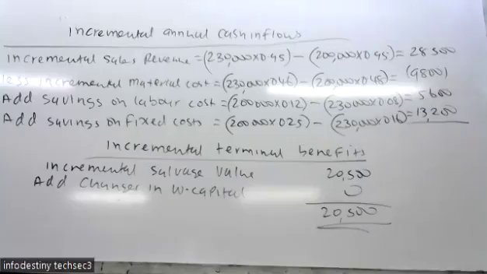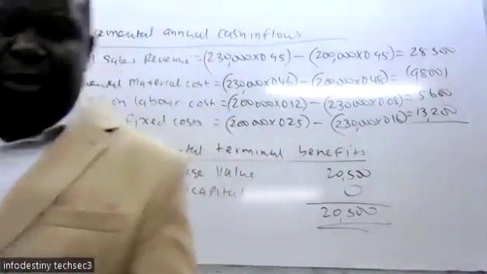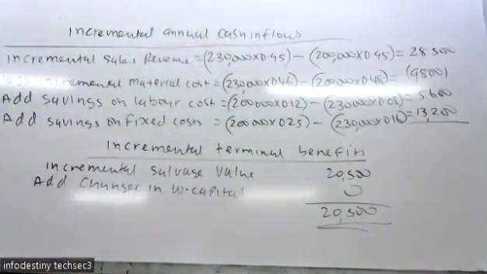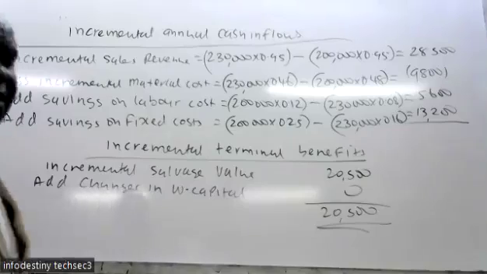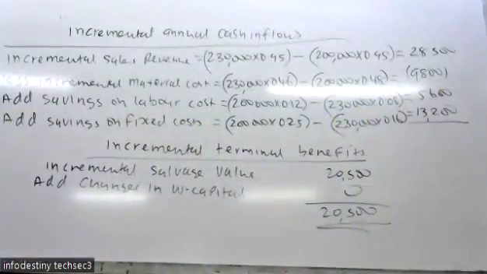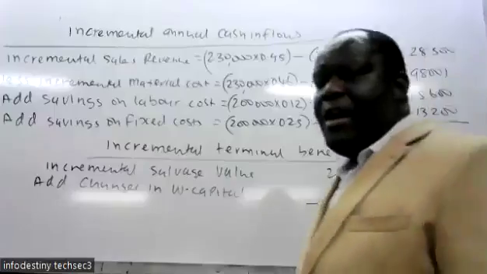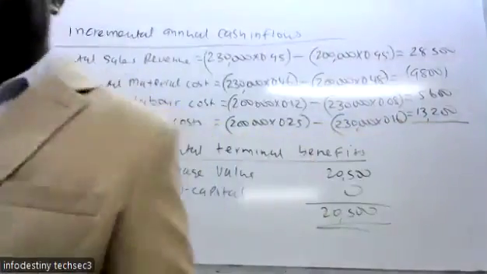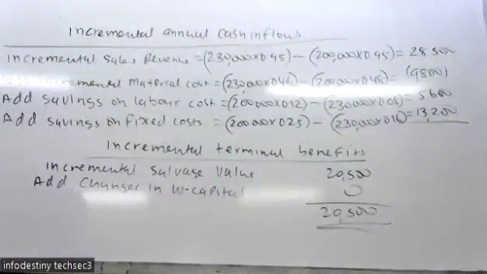After those workings, we go to Roman numeral 1. They would like you to calculate the payback period. This time it is not a discounted payback period, it is simply a normal payback period.